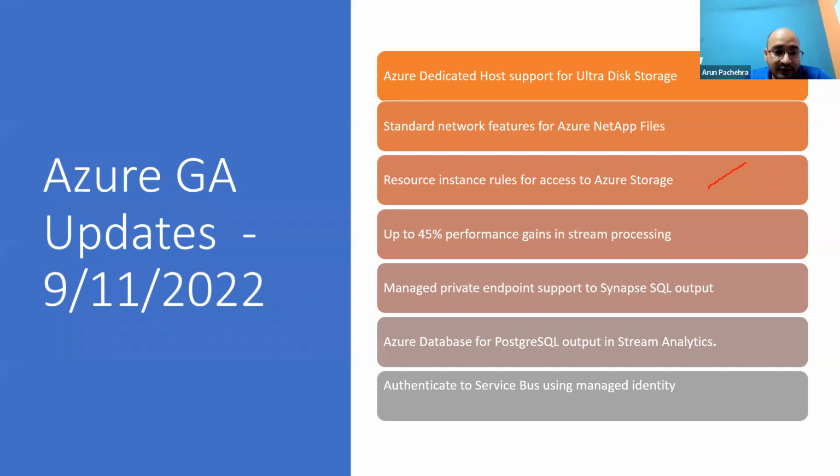Now, another one is this, which is 45% performance gains. Oh, these are not the muscular gains. So these are different things. It's performance gains, and you need not do anything for this. Microsoft is announcing up to a 45% performance boost for CPU intensive jobs by default in Azure Stream Analytics, or streaming process.